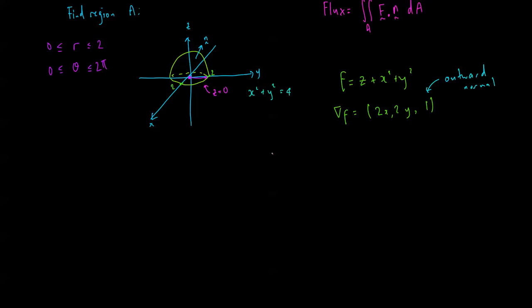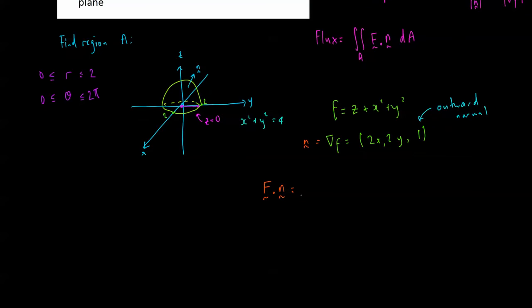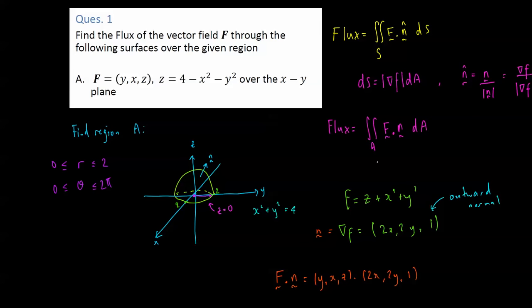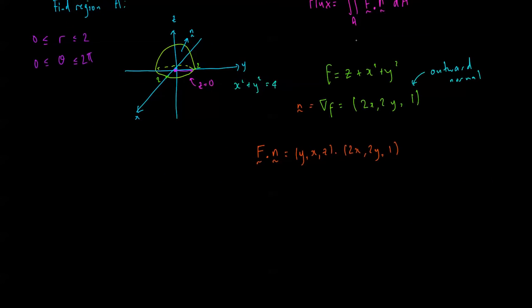Alright, so the next thing we need to do is find f dotted with the normal. So f is equal to yxz, and the normal is equal to 2x, 2y, and 1.